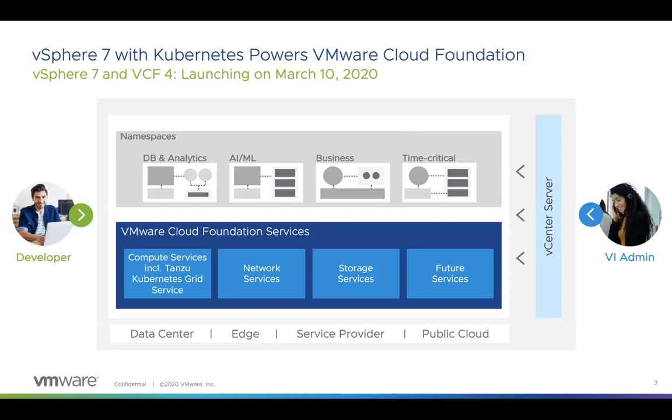So far, when we say vSphere, it is synonymous with VMs and all of that. Now with 7.0, we natively brought Kubernetes into vSphere. That means the way you provision VMs, you will be able to provision containers as part of your vSphere.